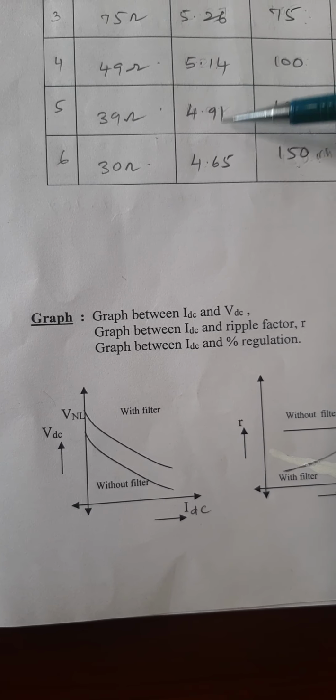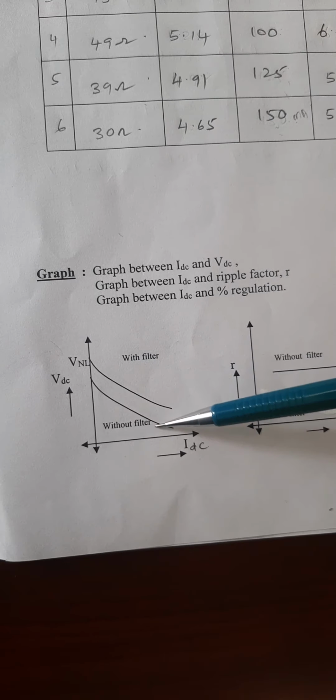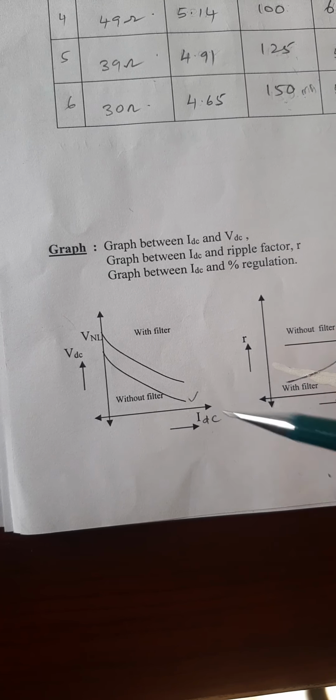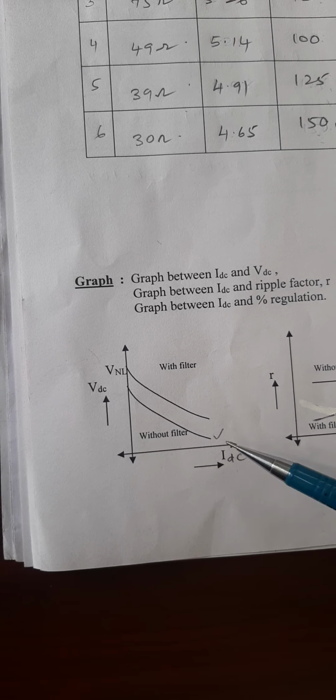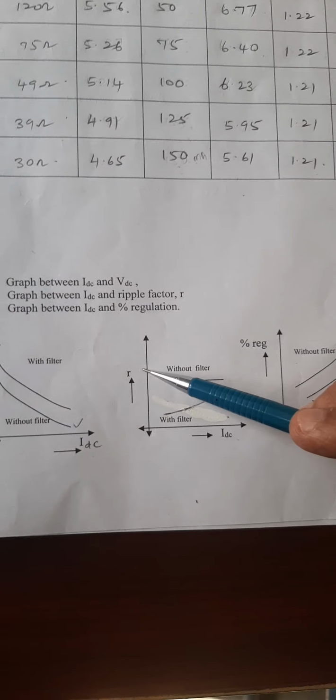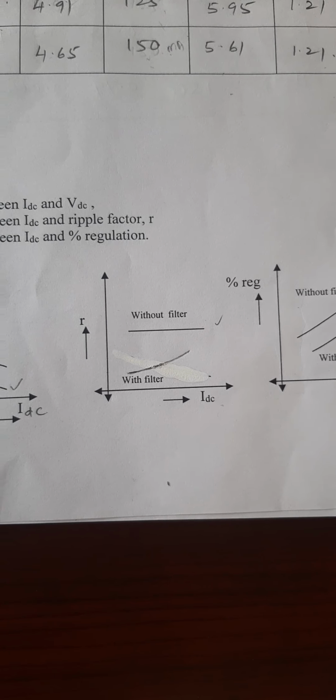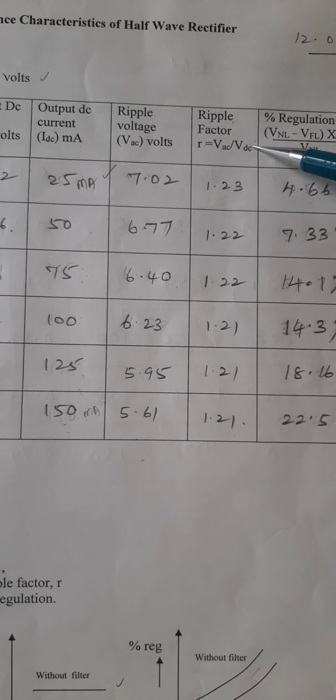You can see there is a gradual decrease. As IDC increases, VDC decreases. This graph is clear from this particular table. So this is correct. Next we go for the other graph, IDC versus ripple. If you see for the without filter, the ripple VAC by VDC we have calculated.